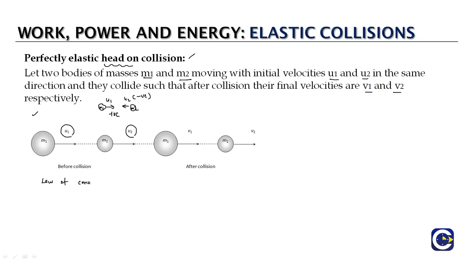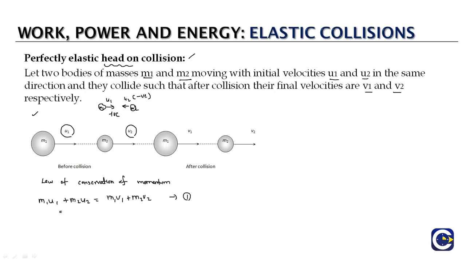So if you apply the law of conservation of momentum, here assuming that all these velocities are in the same direction, momentum before the collision, m1 u1 plus m2 u2, will be equal to momentum after the collision, which will be m1 v1 plus m2 v2. We will call it equation 1, which is the law of conservation of momentum.